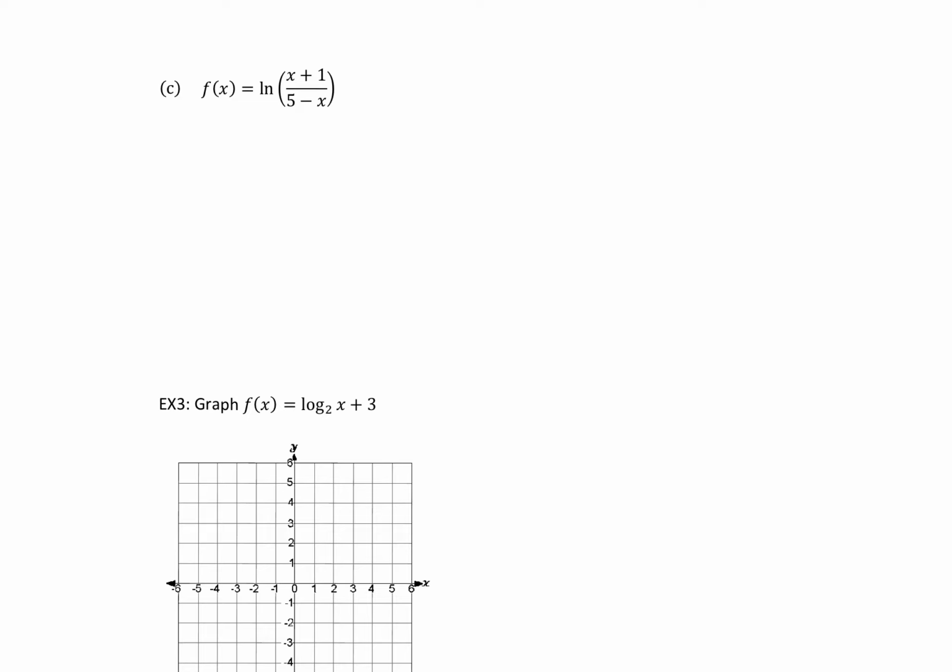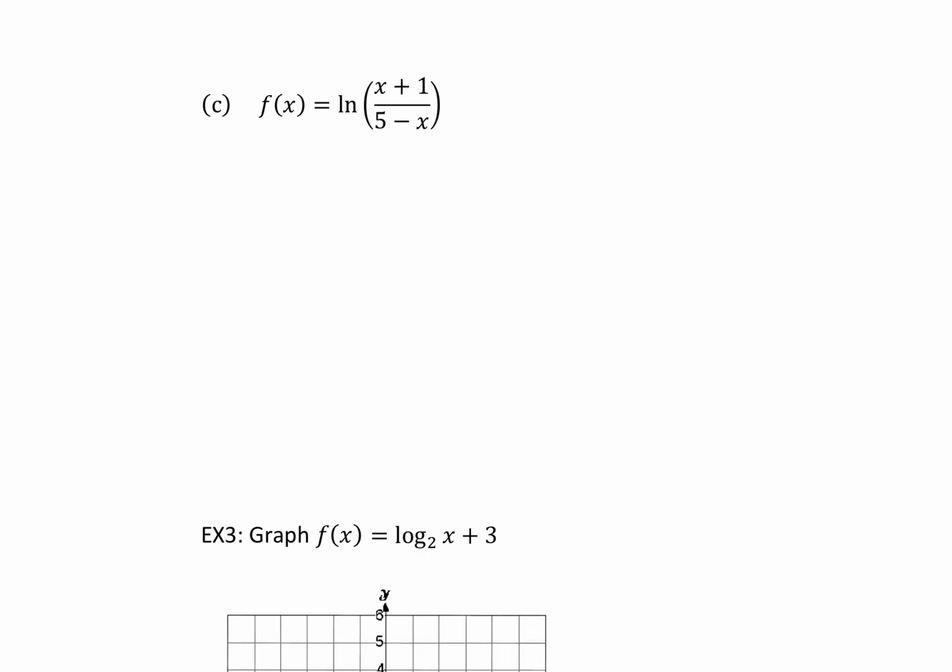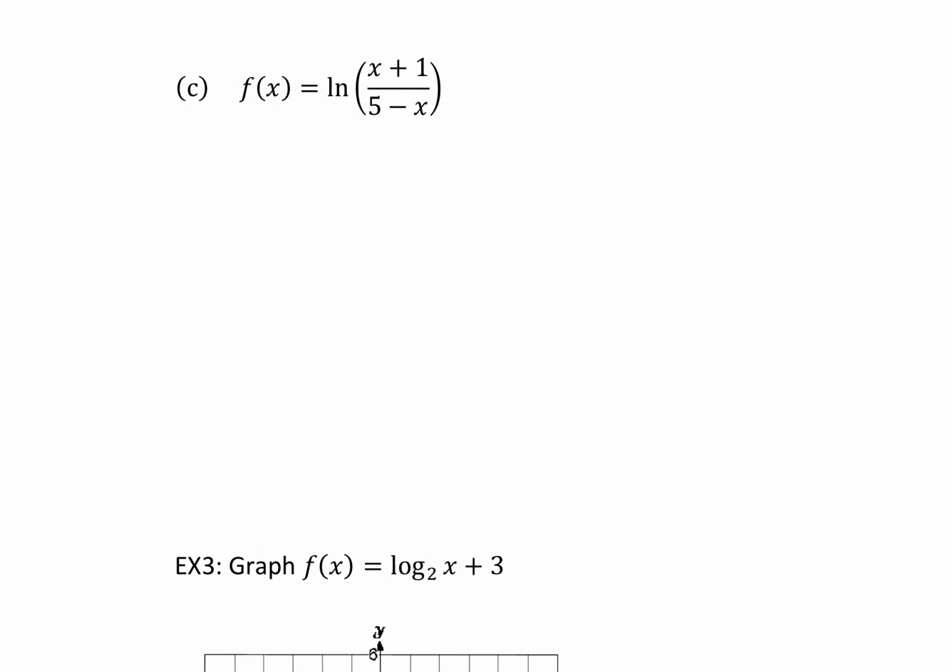And let's do one more just as a reminder of inequalities with rational expressions. So in example C, I have (x plus 1) over (5 minus x), that has to be greater than 0. So the idea is to figure out x values that give you 0 in the numerator and denominator. In this case, we have x equal to -1 and x equal to +5.